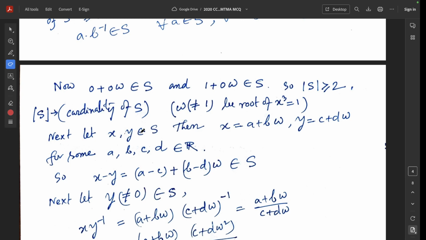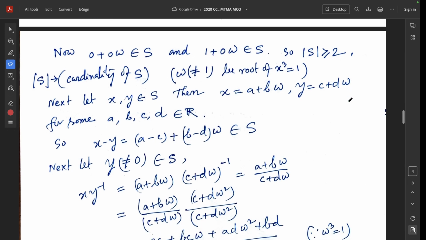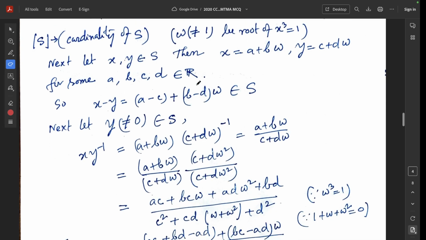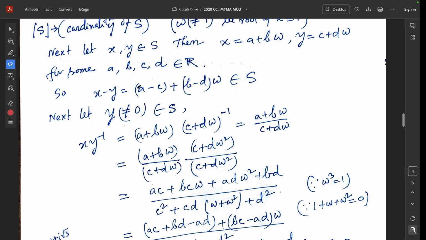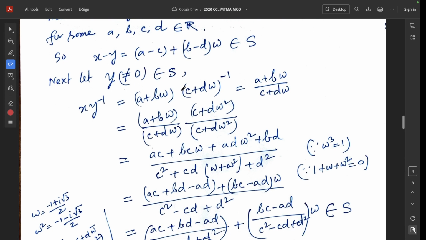Next, let x, y belong to S. Then x equals A plus B omega and y equals C plus D omega, say, where A, B, C, D belong to the set of real numbers R. So x minus y equals (A minus C) plus (B minus D) omega, which belongs to S. Next, let y not equal to 0 belong to S. Then we can get y inverse because y is non-zero. x y inverse equals (A plus B omega) times (C plus D omega) inverse.